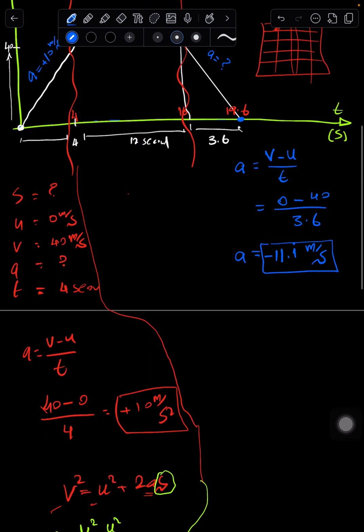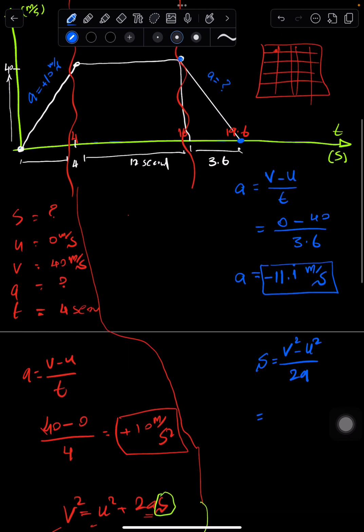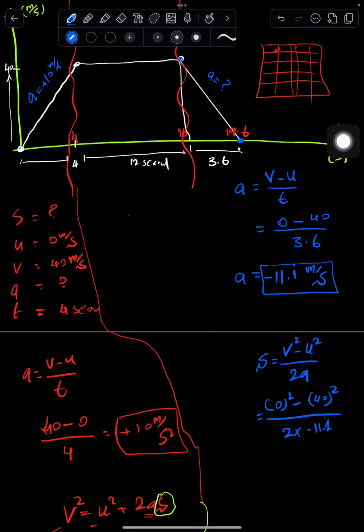So if we know the acceleration, we can work out the distance using the same formula, s equals v squared minus u squared over 2a. So the velocity squared is 0 squared, which is the final, minus the initial, which is 40 squared, over twice the acceleration, which is negative 11.1 recurring. Okay.